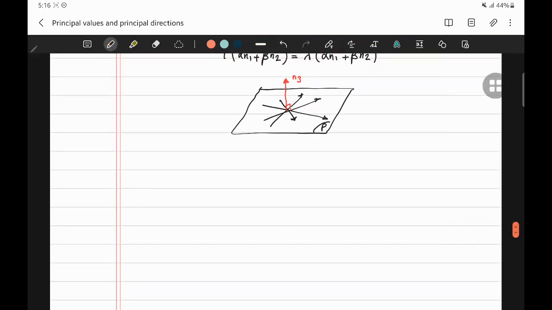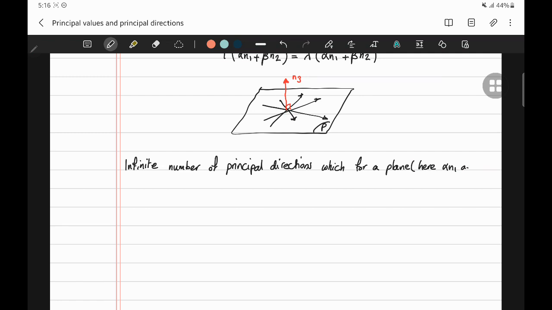So we can recap this: if this occurs, there exists an infinite number of principal directions, which form a plane here, alpha n1 and beta n2, and n3 is, of course, perpendicular to this plane.